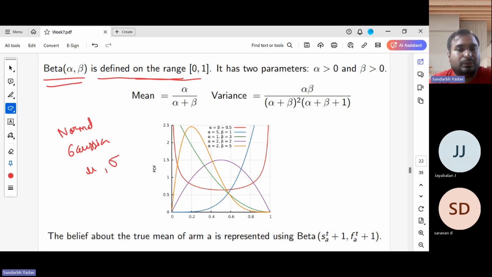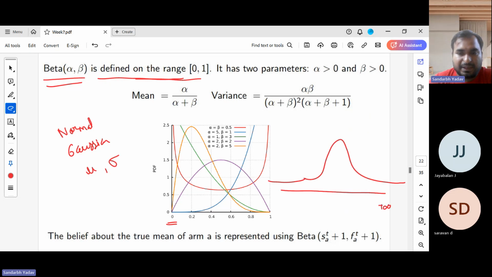It won't go beyond 0 on the left-hand side and beyond 1 on the right-hand side. The normal distribution can go to plus infinity and minus infinity. Although it shrinks very much there, it can be unbounded. But here it is bounded in this range 0 to 1.